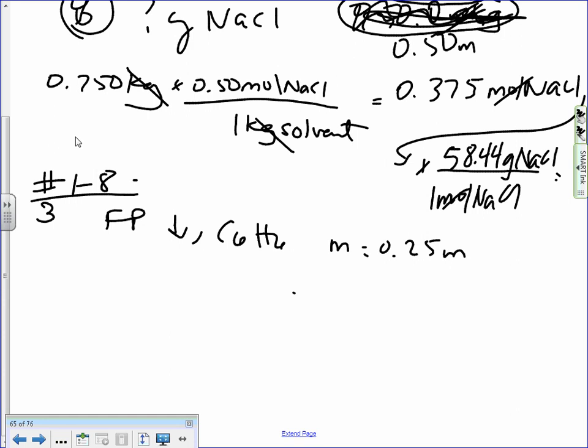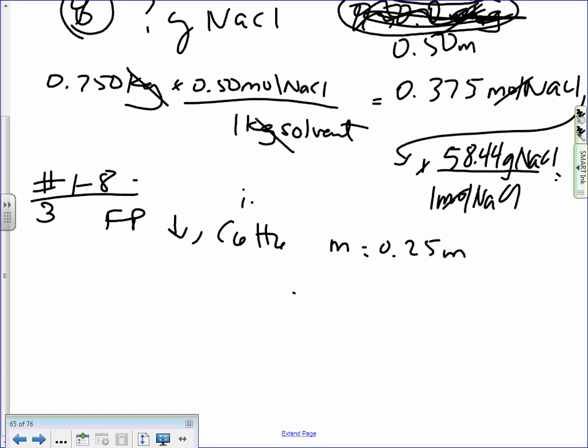Does it say non-electrolyte or non-volatile solute? No, it just says solute. Okay, if it says solute and it doesn't tell you it's ionic, I want you guys to assume it's covalent. So that's going to tell us the I factor is 1, and that was just my mistake, because you guys did that at the end of class Friday, and I didn't get to talk about all these in depth.